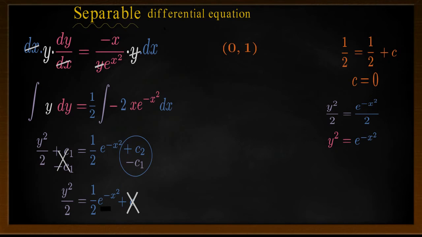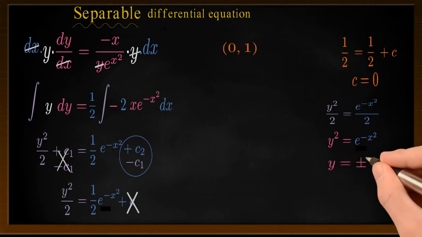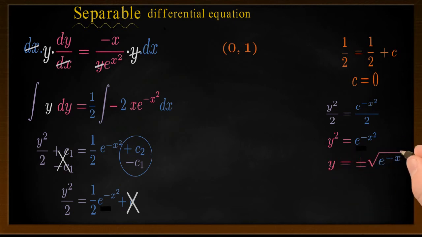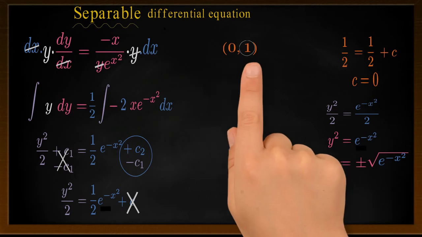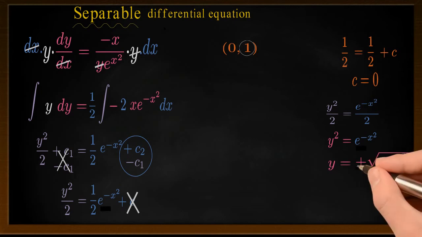Now we can take the square root of both sides, and you could say, well, look, y squared is equal to this, so y could be equal to the plus or minus square root of e to the negative x squared. They gave us an initial condition where y is actually positive. So we're finding the particular solution that goes through this point. That means y is going to be the positive square root. If this was the point (0, -1), then we would say y is the negative square root. But we know that y is the positive square root.